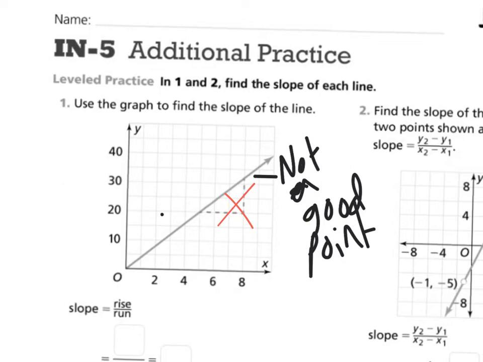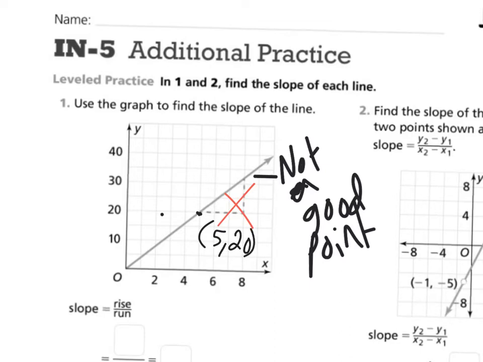So again, to find the slope, to find the rate of change, what we need to do is to find 2 points on the graph that the line goes exactly through. So one point that this line goes through for sure is the point (5, 20).